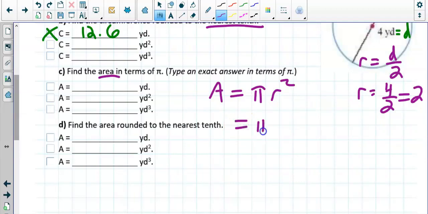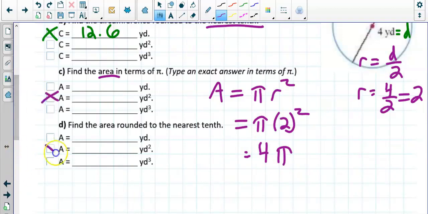Plug it in. Pi times 2 squared, which gives us 4 pi again. And because we are talking area, that means we need a label that is squared. So here, in both of our answers down here, we're dealing with the middle part. And you actually already know the answers for these. The exact one is 4 pi. And then just stealing the 12.6 up above will be the rounded to the nearest tenth answer.